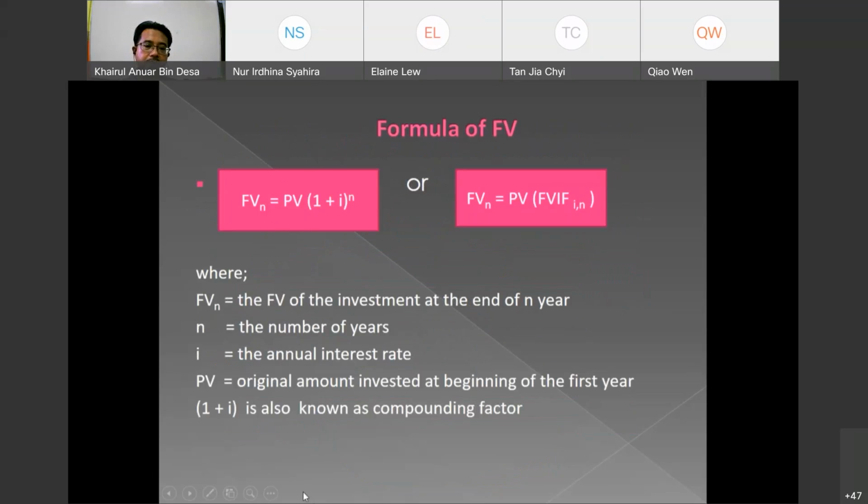This is the formula for the future value, where PV is the present value, 1 plus I is the interest rate, and N is the frequency, how many times we compound the money, the dollar or the ringgit. We use this formula when we calculate using the table of the time value of money.